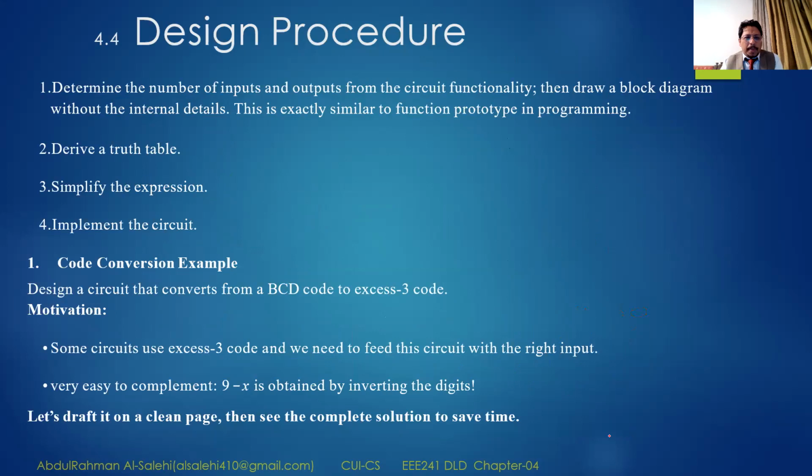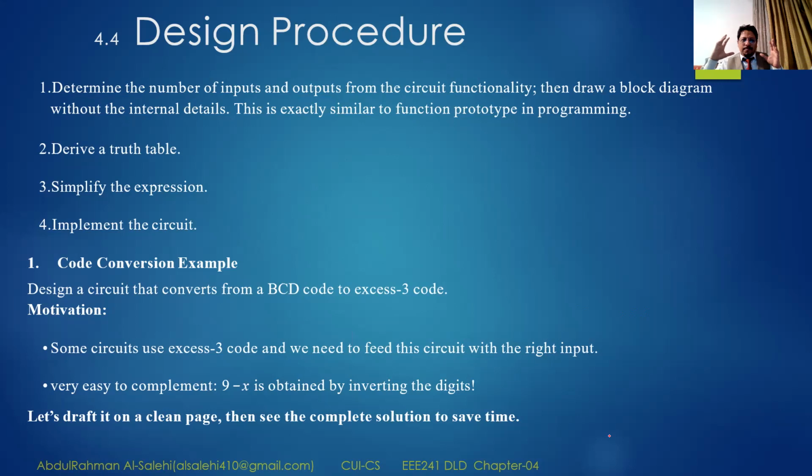Again here, I have to give you the conclusion. For designing the procedure of any circuit, we have to determine the number of inputs and outputs from the circuit's functionality. Then we draw the block diagram without the internal details. I'm not interested in the internal details.